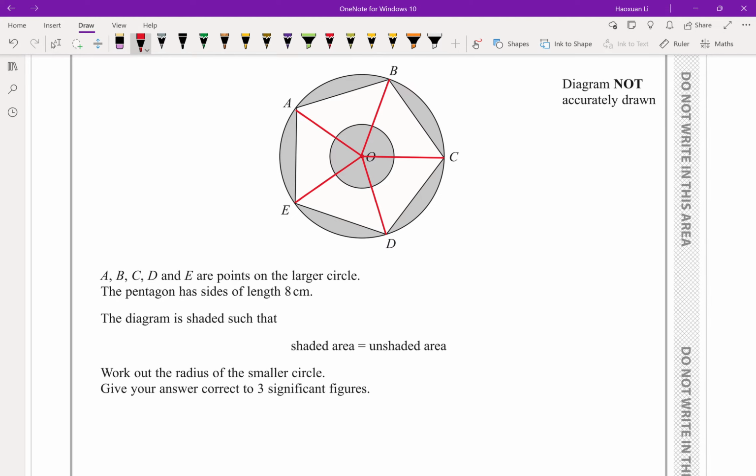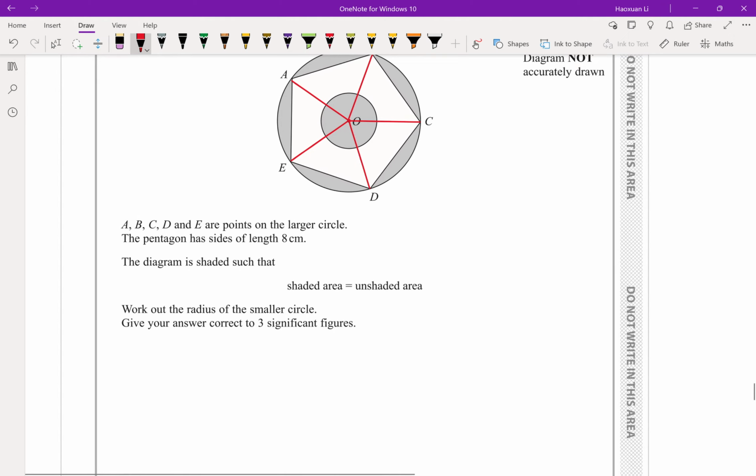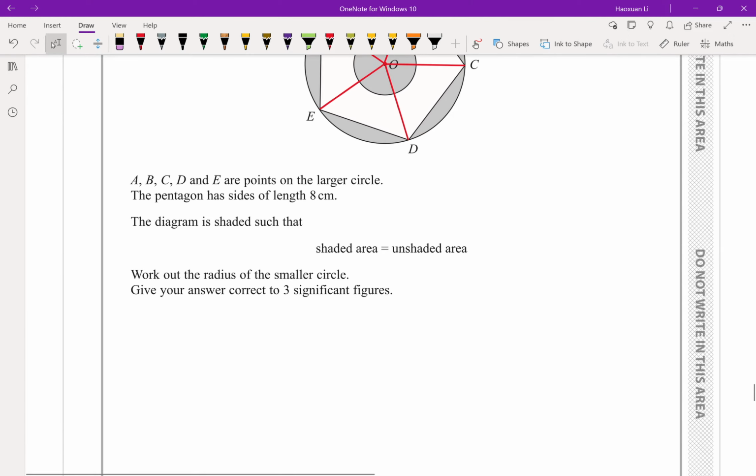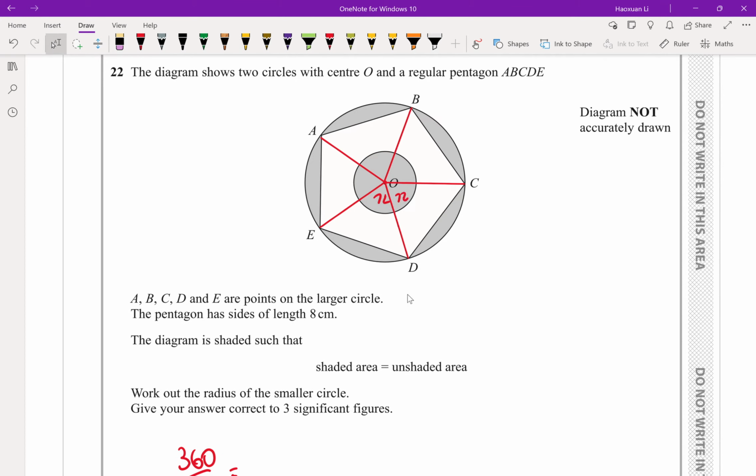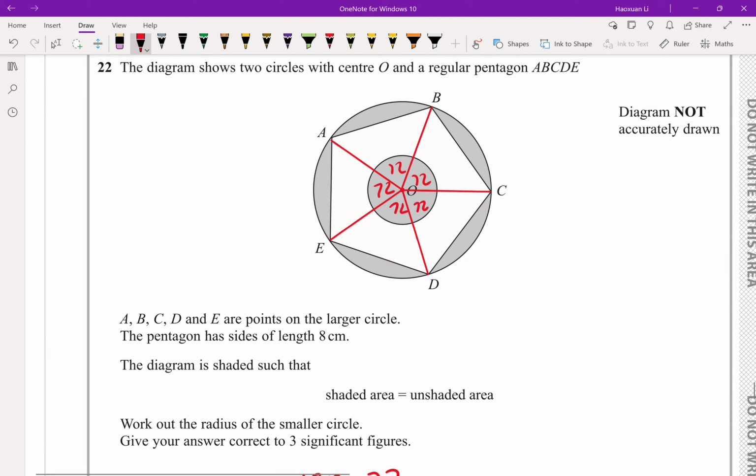So this is 360 degrees, and it's been divided by 5, so you can find the central angle here, and each will be 72. And since this makes it isosceles, 180 minus 72 divided by 2 will be 54. So 54 here and 54 there.